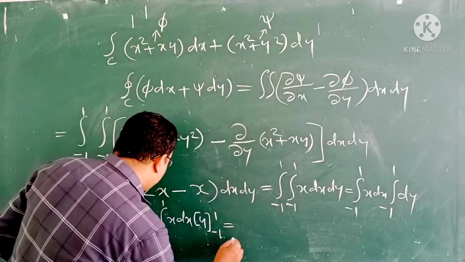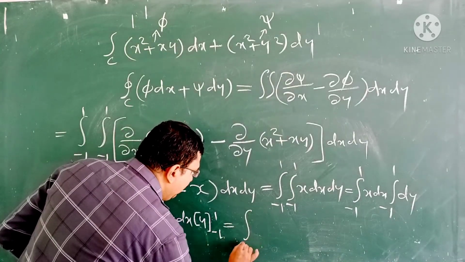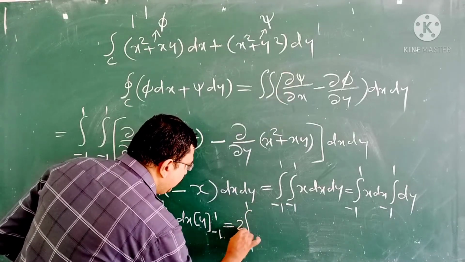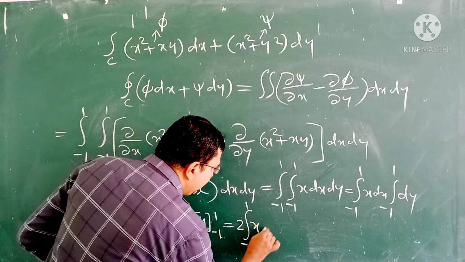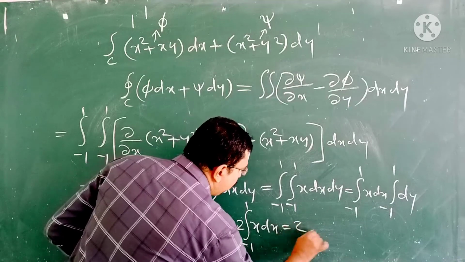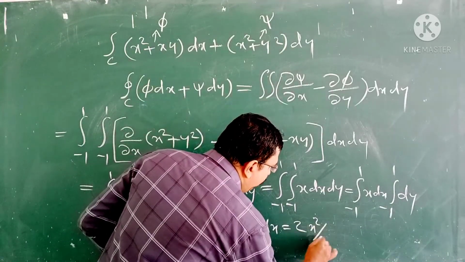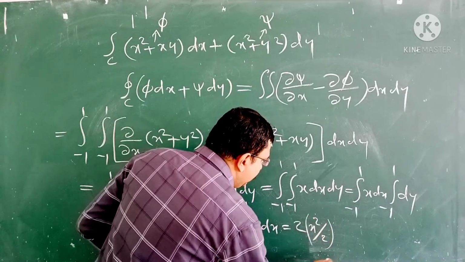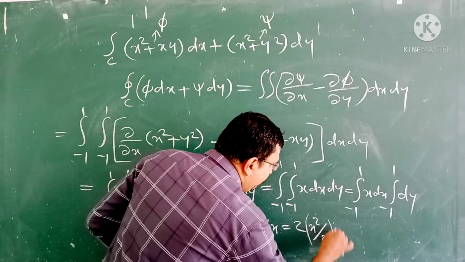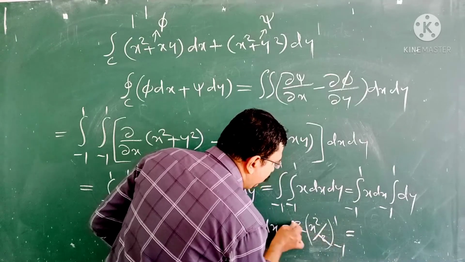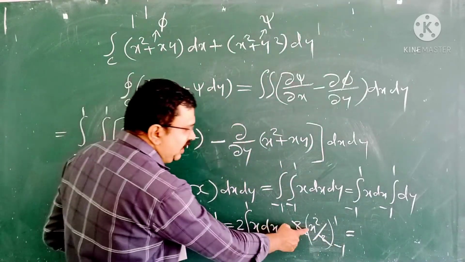That is equal to the integral from minus 1 to 1 of 2 into x dx, which is equal to 2 into the integral of x, which is x square by 2. We apply the lower and upper values. 2 and 2 cancel, the remaining is x square.